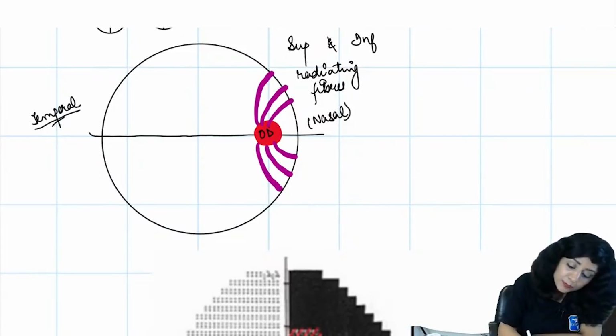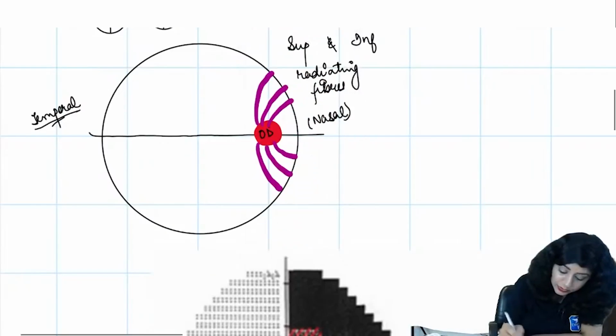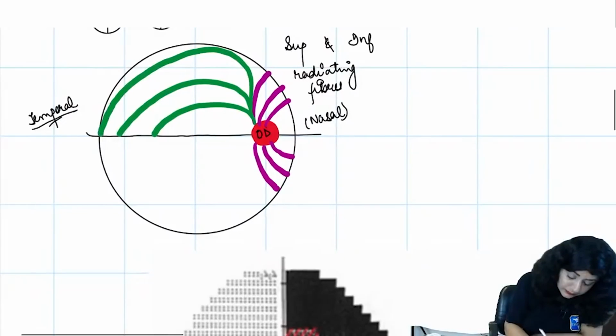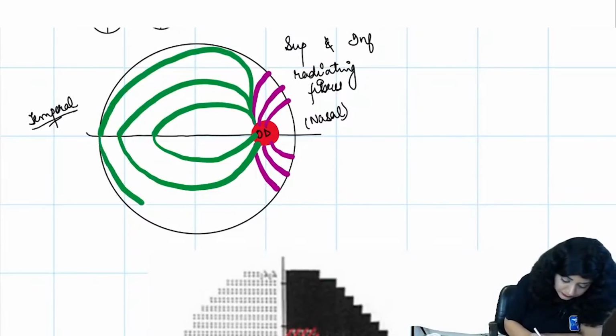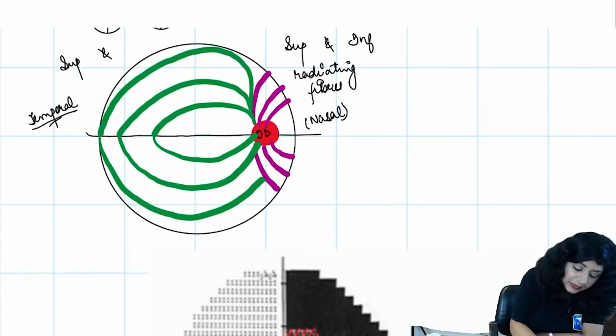While if you look at the temporal side, we have got the arc-like fibers like this. We have arcs here. These are your arc-like fibers. So these are called the superior and inferior arcuate fibers.